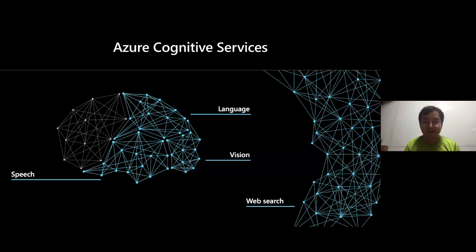If you think about leveraging language data, vision data, speech data, or even web search data, then it is a very good idea to integrate with Azure Cognitive Services. Cognitive Services offers pre-built APIs, so you can very easily integrate vision and language into your applications to deliver immersive user experiences.